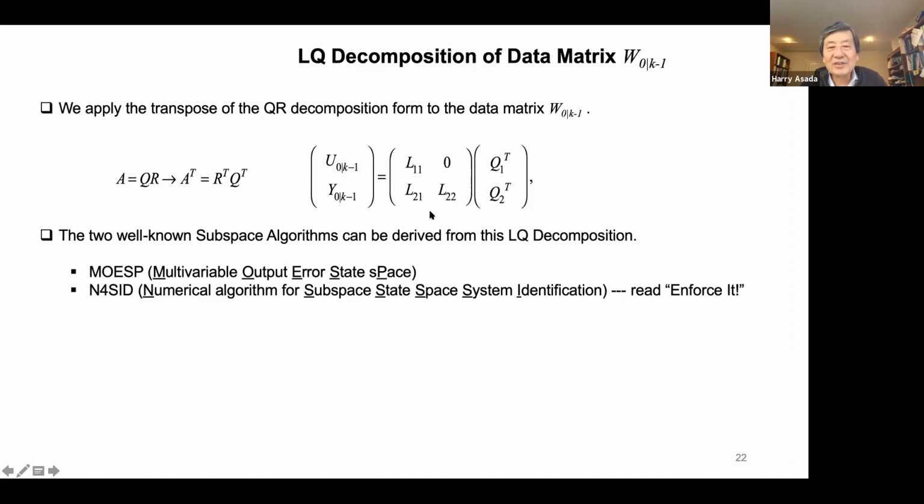So with this LQ decomposition, we can numerically create the zero input response sitting here, from which we can determine ABCD. And then we continue the next part on Wednesday. I know two specific well-known methods, MOESP and N4SID. These two famous methods can be explained by using this expression.